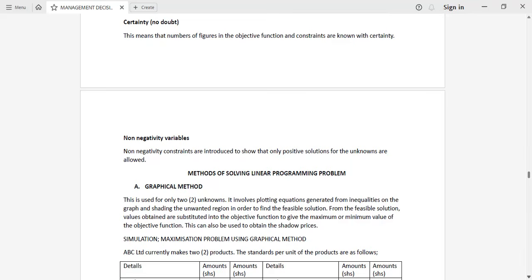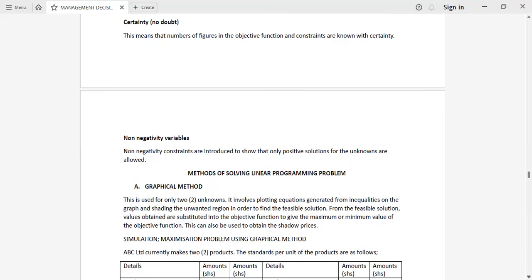So, in other words, we are going to be introducing non-negativity constraints to show that the values of x and y, or the values of y and x, will never be negatives.